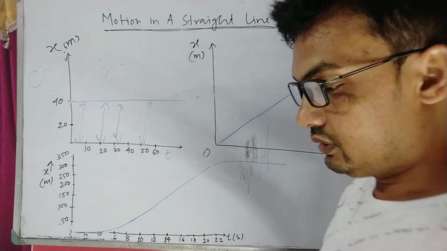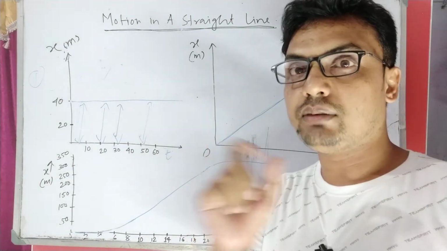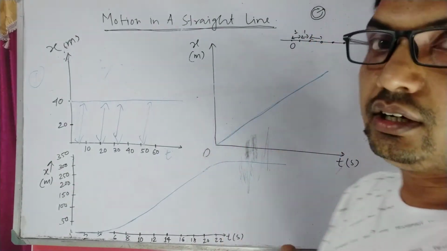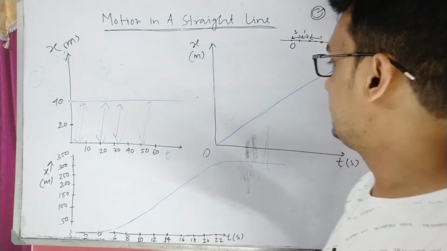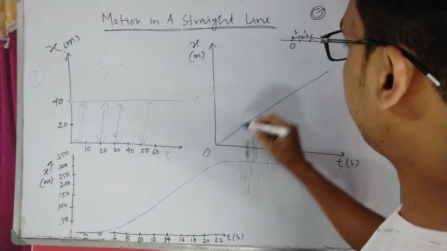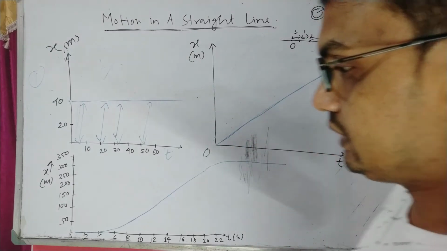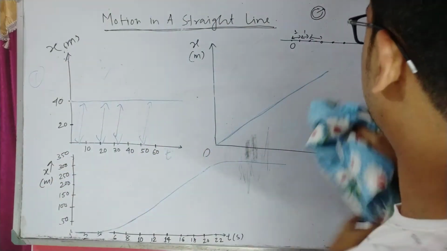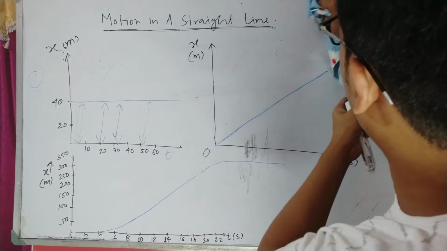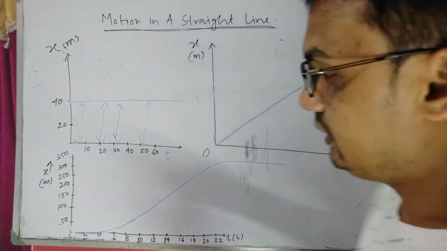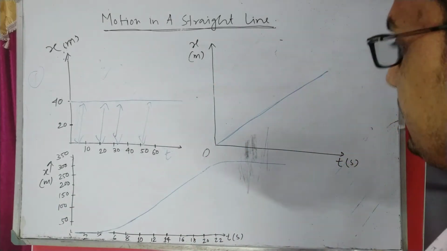That means in every interval of time it is moving the same distance, and this situation is represented like this in the position time graph. This is the actual event that is happening, and this is represented here in this position time graph.